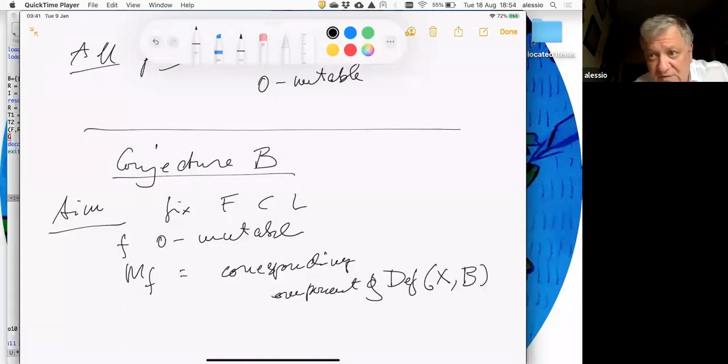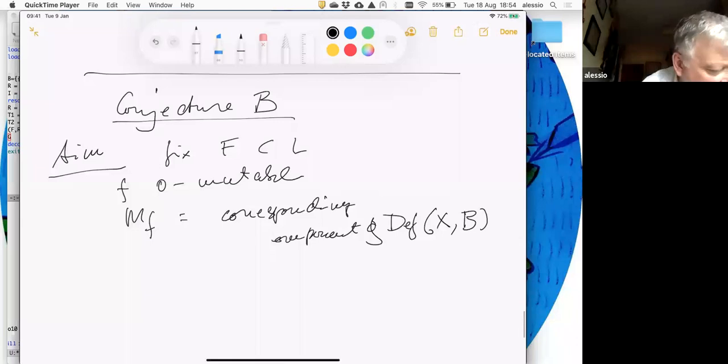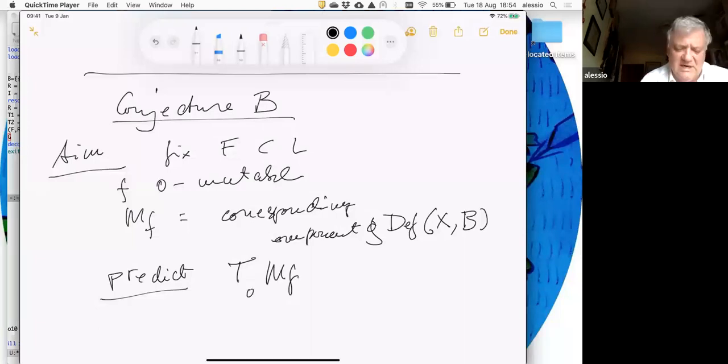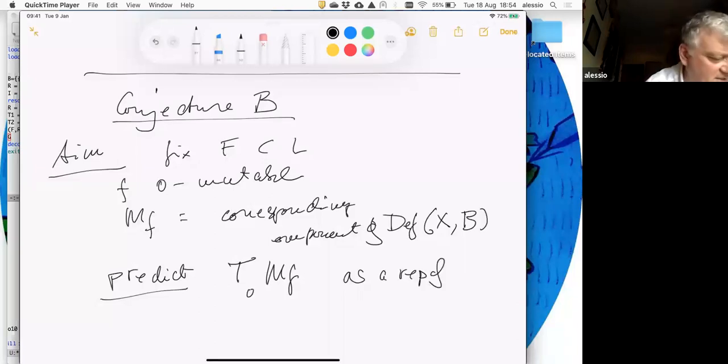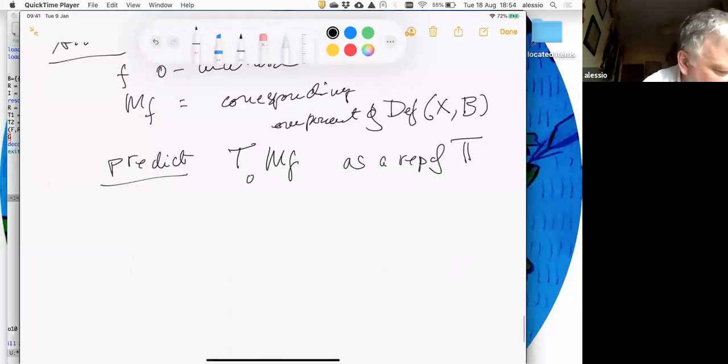There's not much of a difference between this and the deformation space of X. And the aim here is to predict the tangent space to M_F at the origin as a representation of the torus. Okay, so I want to know how it splits into irreducible representations.